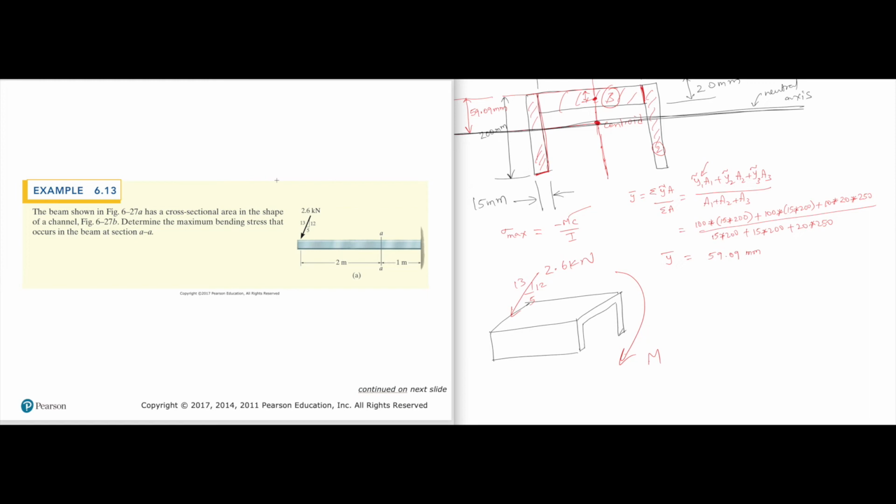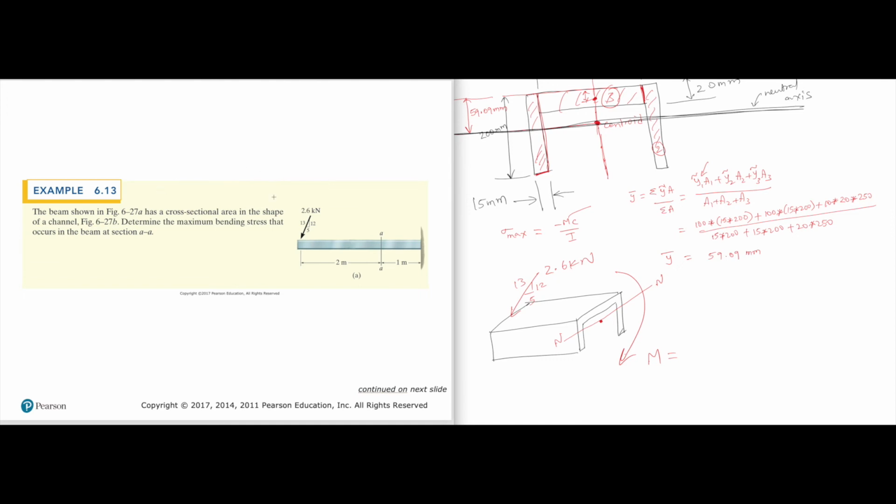And how much is the moment reaction? And the moment is being applied, if you observe carefully for the problem, with respect to that neutral axis.